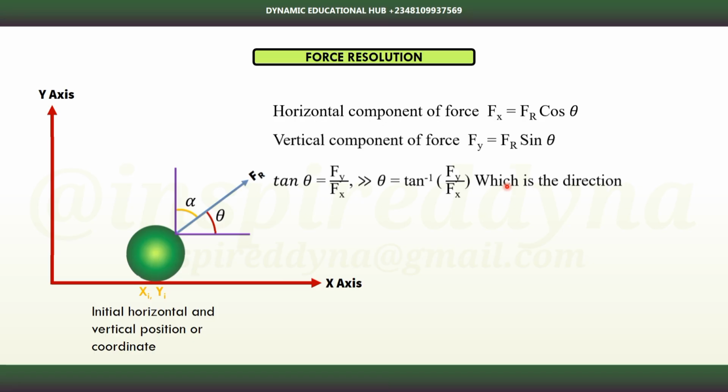Don't forget, this theta is the angle between the horizontal and the force that is acting. So to find the resulting force, which means this force that is acting, it is still the same thing as what? Using Pythagoras theorem, the square root of the square of the horizontal component plus the square of the vertical component of the force.